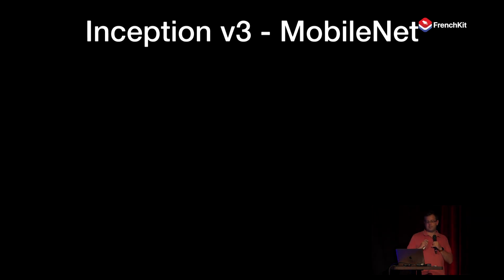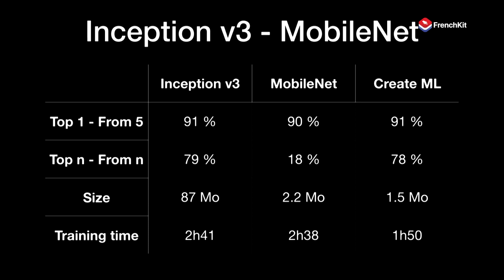Inception v3 has really good performances, like CreateML, but builds a model that is really big, 80 megabytes, and it's not really built for mobile. MobileNet is a natively mobile version.